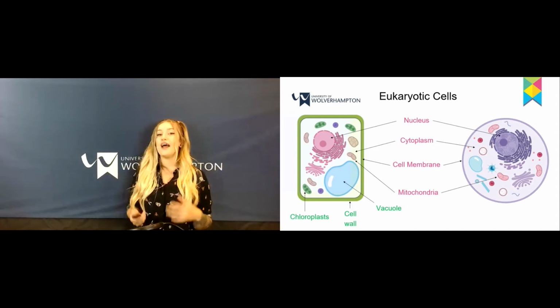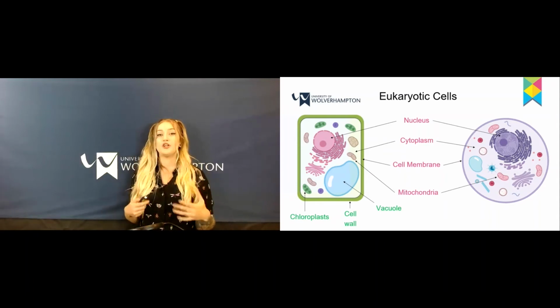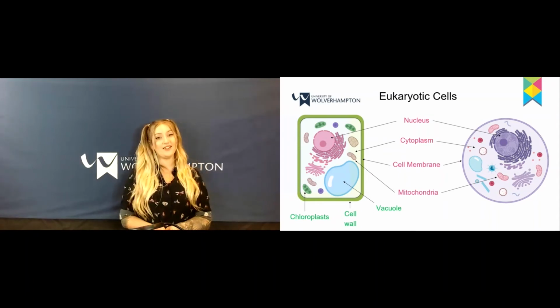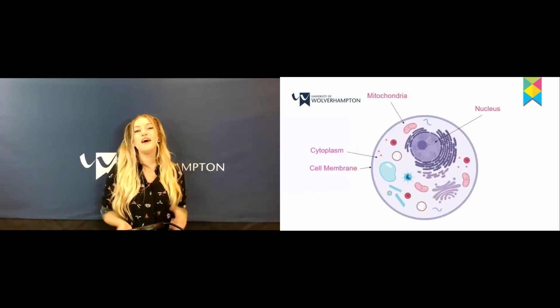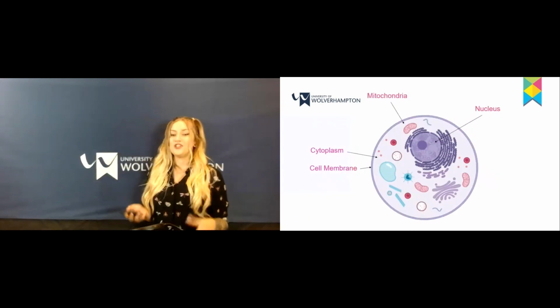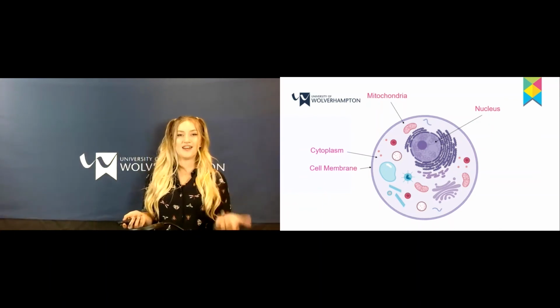We're going to look at each plant cell and animal cell now in a tiny bit more detail and explore some of the organelles that you'll be coming across in your A-level studies or your BTEC studies. So these are the ones that we looked at just now. We have our nucleus, our mitochondria, our cytoplasm and our cell membrane.